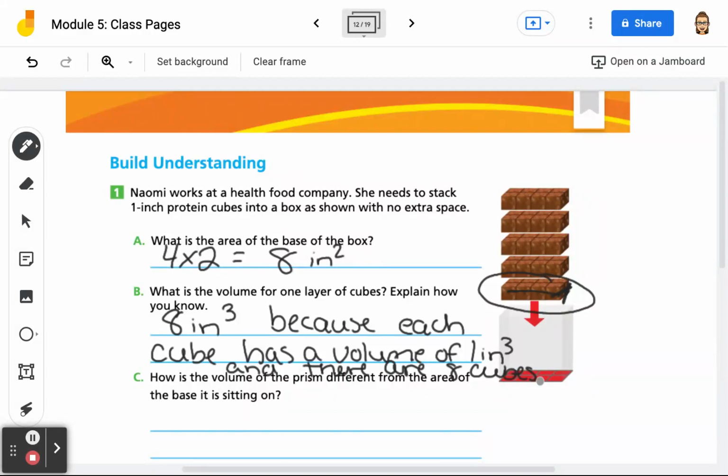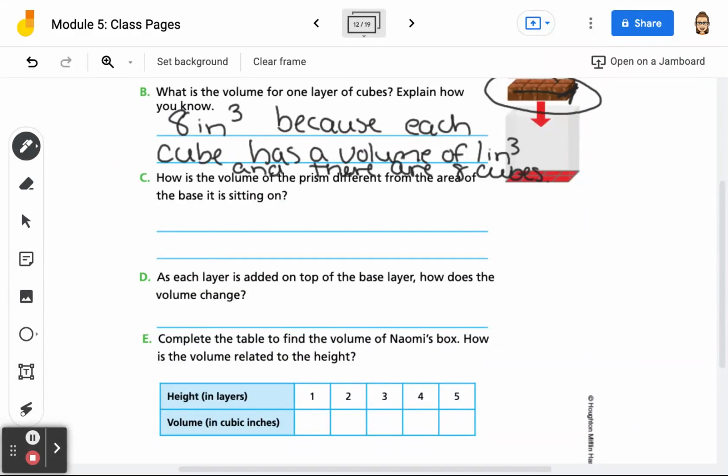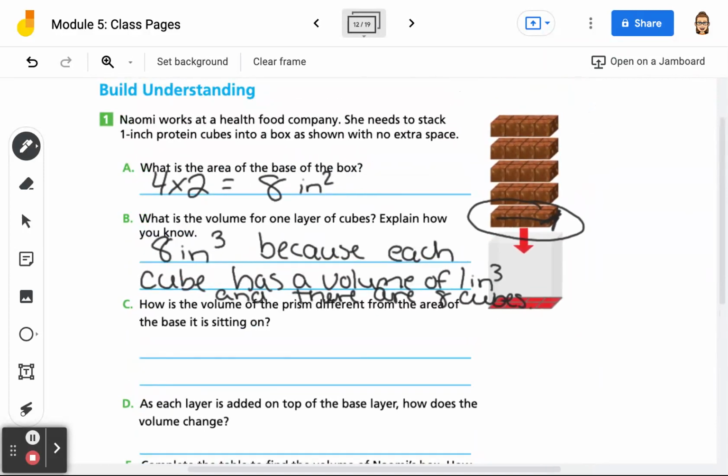Then it says, how is the volume of the prism different from the area of the base it is sitting on? Well, if we look at the units, volume has inches cubed, and area has inches squared. So the difference is the units.